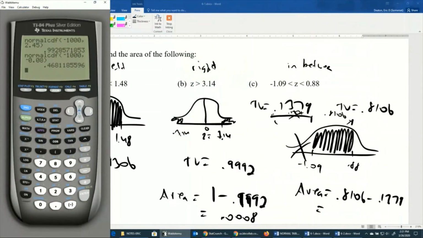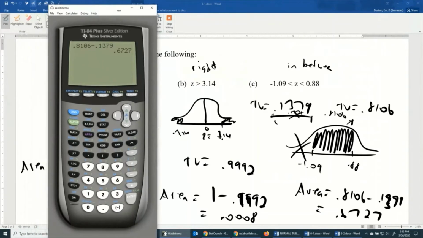So let's clear that out. 0.8106 minus 0.1379. And when we subtract those, we get 0.6727.